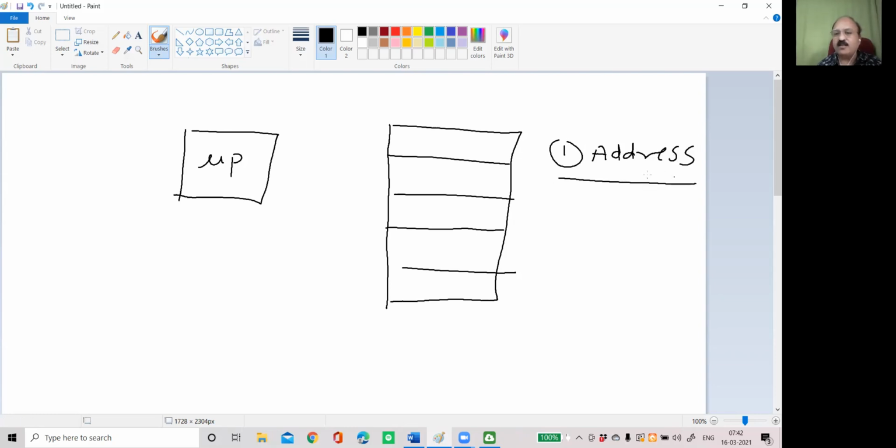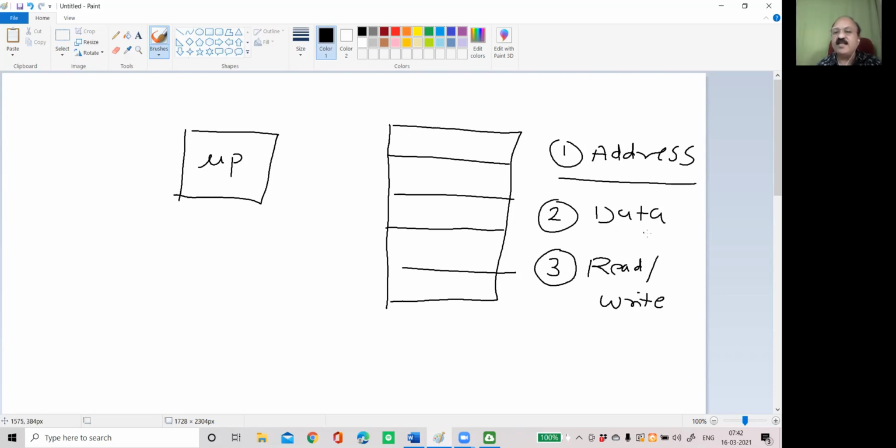Once you know the address, we can read the data or store the data. So we require data. And third, we have to give the signal for what function is to be executed by the microprocessor: read or write.